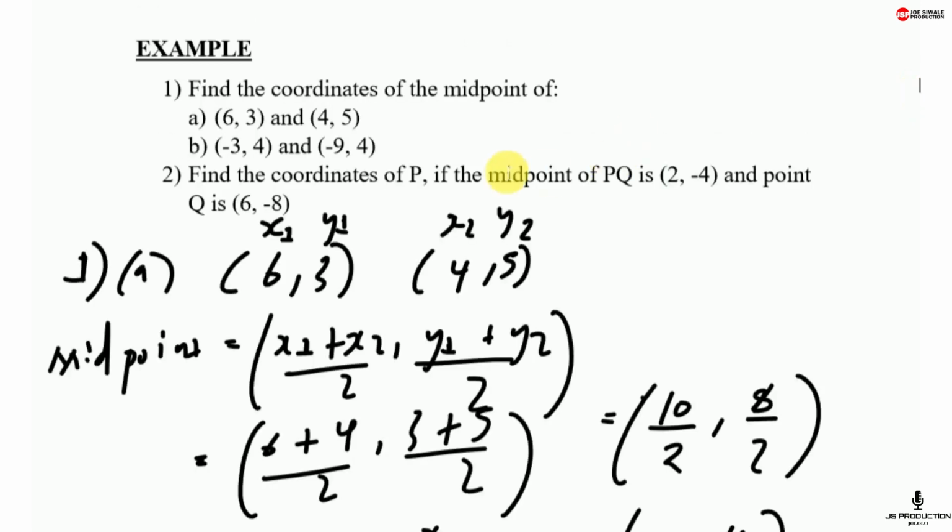Here we are trying to calculate the coordinates of P, and we have been given the midpoint, which is (2, -4), and we have only been given point Q, which is (6, -8).